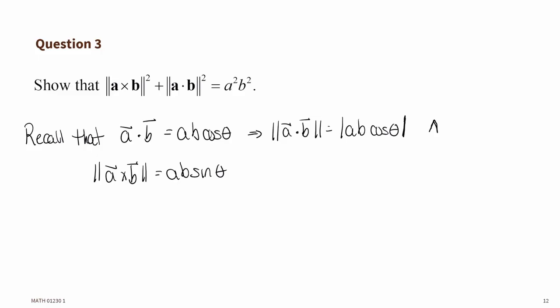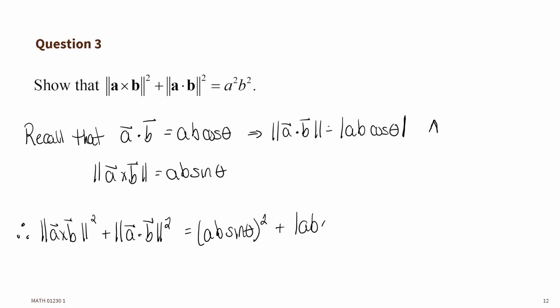And the magnitude of A cross B is just AB sine of theta. Then our right-hand side would become the quantity AB sine theta all squared plus the absolute value of AB cosine theta all squared.